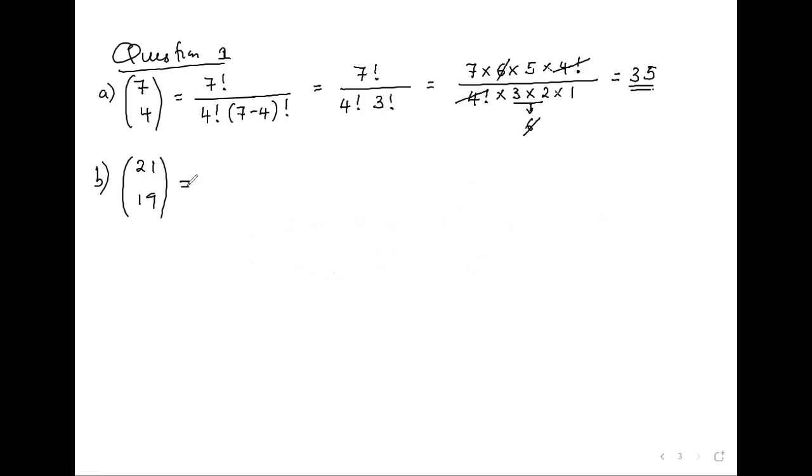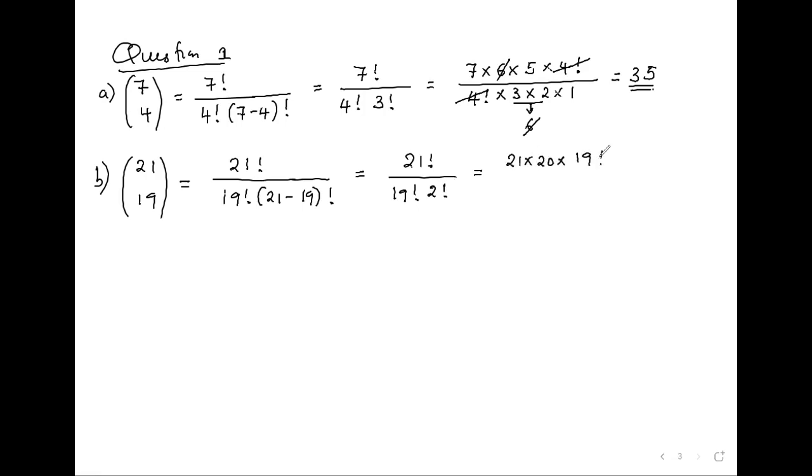Okay. What about if you have 21 and they ask you to pick in groups of 19? How many ways can you do that? So you can do that 21 factorial over 19 factorial, and then 21 minus 19 factorial. So that you have 21 factorial over 19 factorial, then 21 minus 19, we get 2 factorial. So now we can reduce 21 by 20 by 19 factorial. Why? Because we have a 19 factorial down.